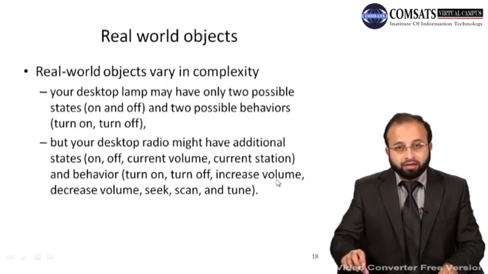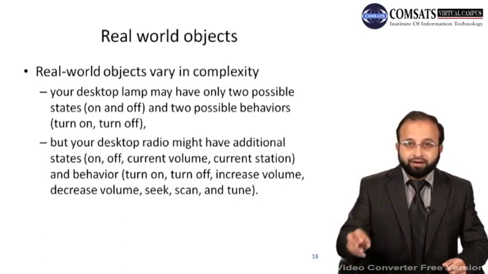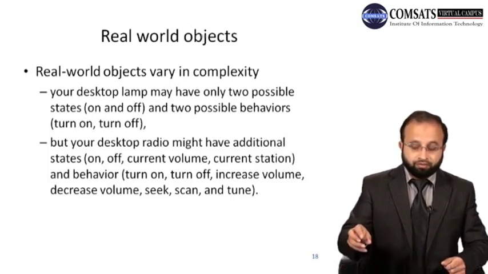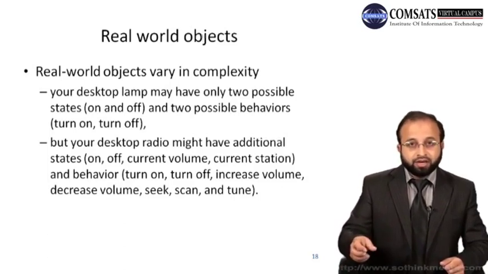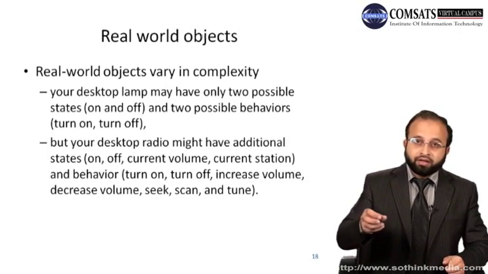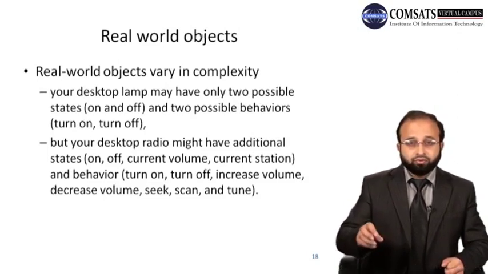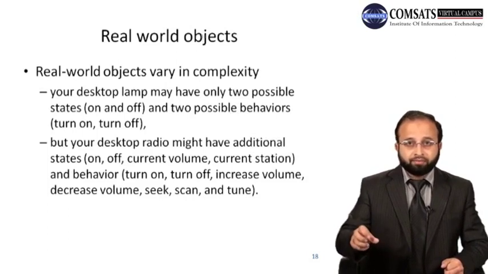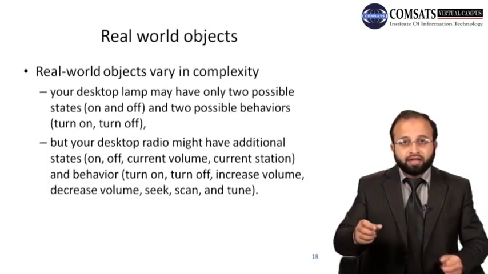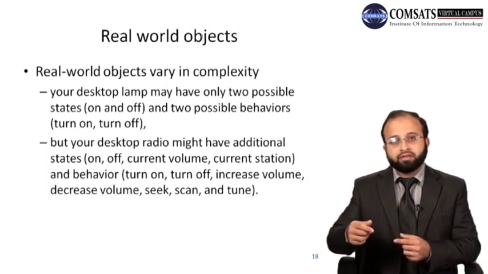So how do you execute this behavior? There must be some kind of interface present on the radio to increase that volume, right? So you execute this behavior of the desktop radio through some kind of simple interface provided by that radio, and then the state of that radio will be changed, right?